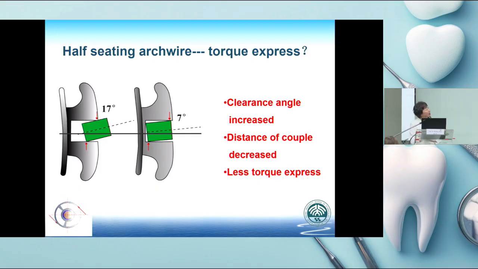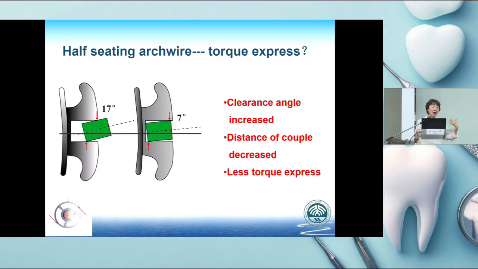The other way, you get more torque expression. That's why I disagree with some people who say passive self-ligating brackets are not good for torque expression. I don't agree, because we can fully express the torque. It's just how you choose the brackets.